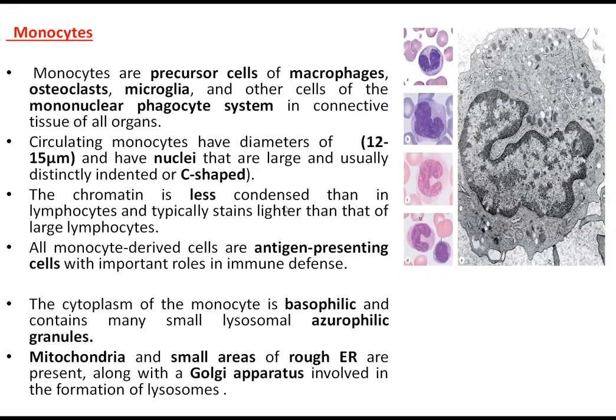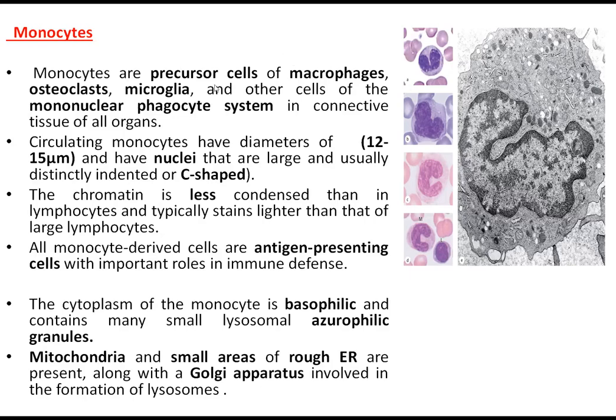The last agranulocyte, and the biggest cell, is the monocyte. Monocytes are precursors of macrophages, which are called osteoclasts in bone, microglia in brain, Langerhans cells in skin, Kupffer cells in liver, and other cells of the mononuclear phagocyte system.